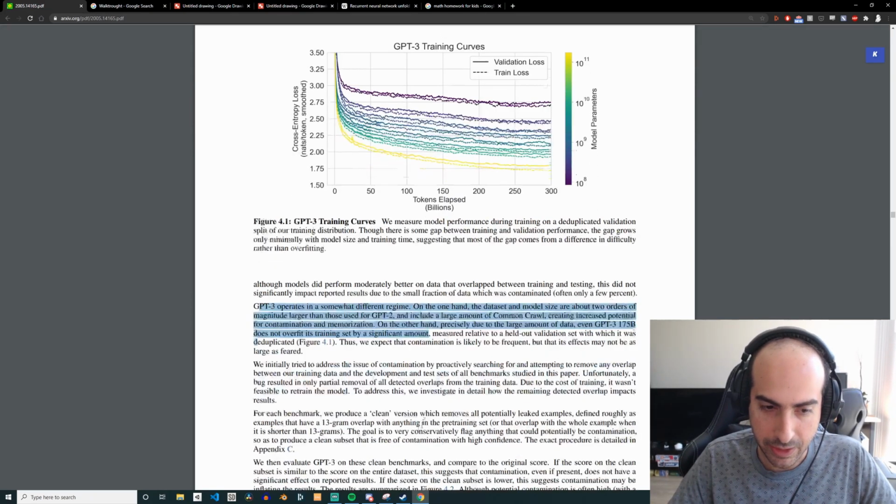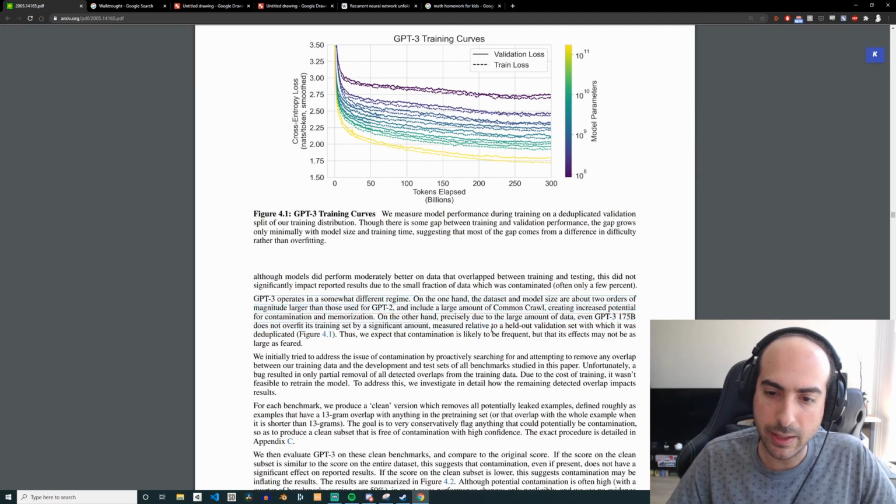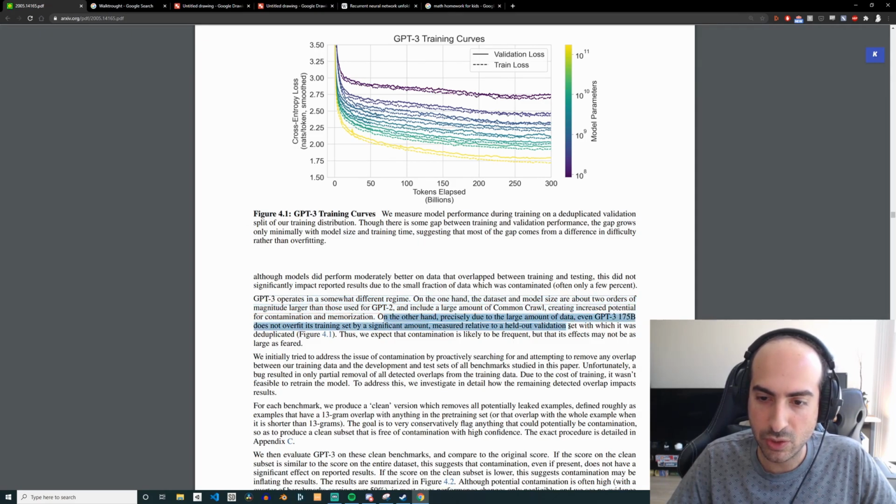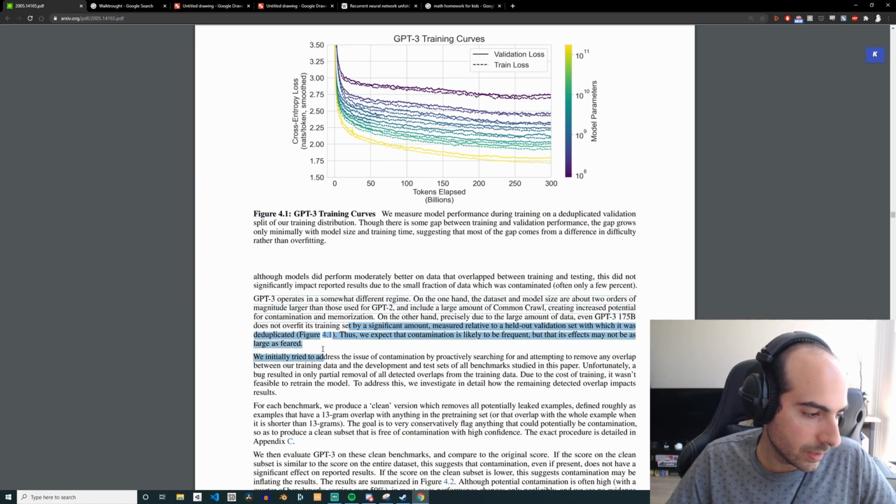So let's see here. I think they addressed this. On one hand, the data set and model size are about 2 orders of magnitude larger than those for GPT-2. On the other hand, precisely due to the large amount of data, even GPT-3 does not overfit by a significant amount measured relative to the held-out validation set, which has been deduplicated. Thus, we expect the contamination is likely to be frequent, but that its effects may not be as large as feared. I don't know about this.